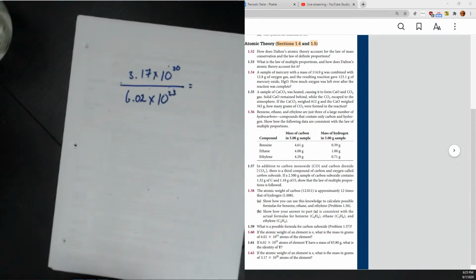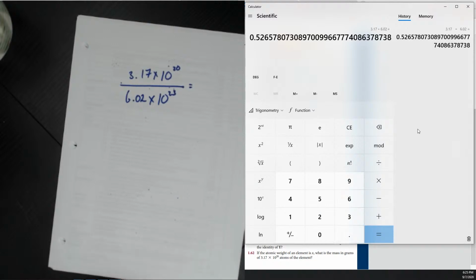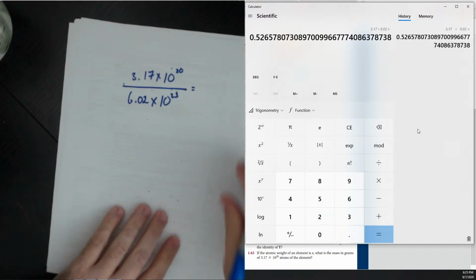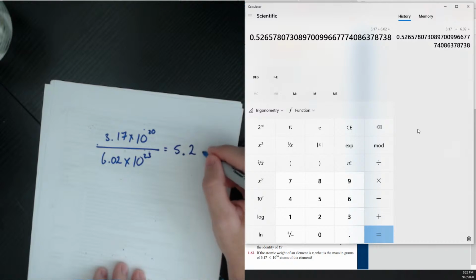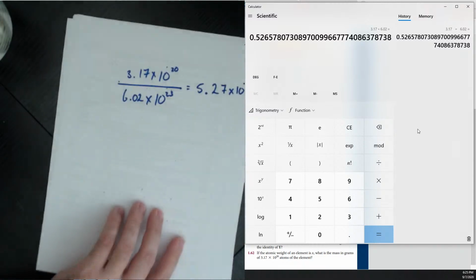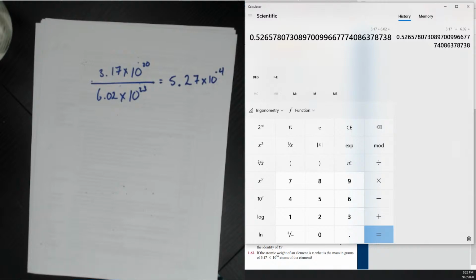Bring up the handy dandy calculator. Okay. Giving us a really, really small fraction, 5.27 times 10 to the negative fourth.